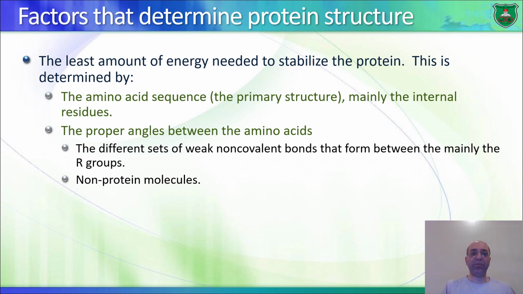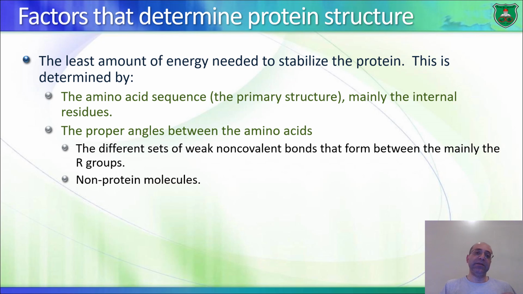So remember this project that I told you about, the prediction program that was developed to predict protein structure. It's a huge advancement in protein biochemistry. Based on the amino acid sequence, you would be able to predict the best possible, energetically speaking, structure of a protein. So it's really the amino acid sequence, the primary structure.